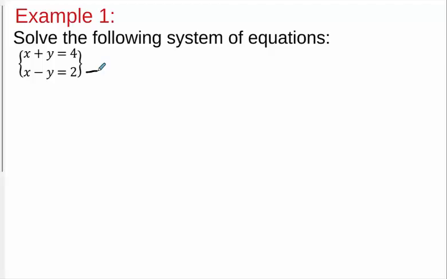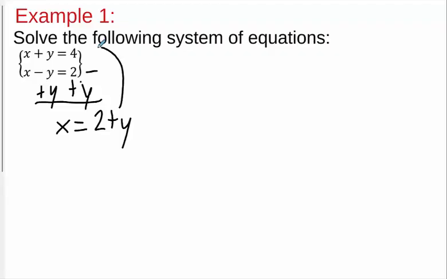We can say that x minus y equals 2, if we add y to both sides, we get x equals 2 plus y. Then we can substitute that back into our first equation. So we can say that 2 plus y is equal to 4.